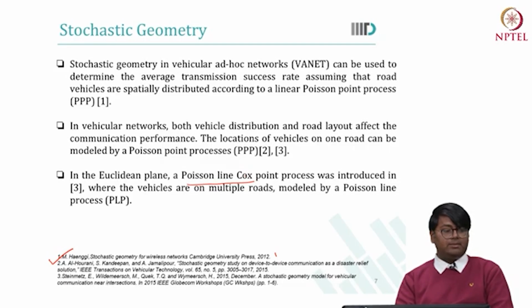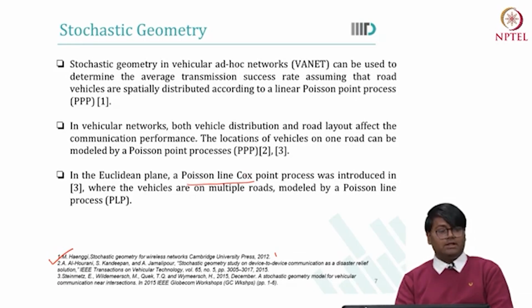In a Euclidean plane, we consider a doubly stochastic spatial model that captures the spatial coupling between the vehicular nodes and the roads, and analyze the performance of a vehicular communication network.